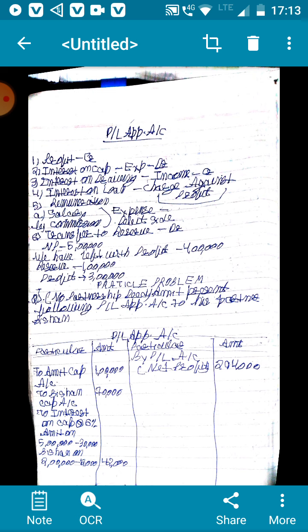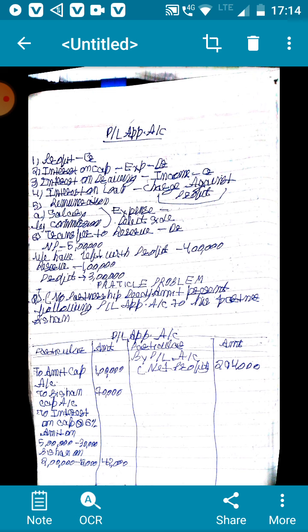The next is remuneration. Profit is debited to the profit and loss appropriation account. The partner's capital is debited, and the partner's loan is credited.